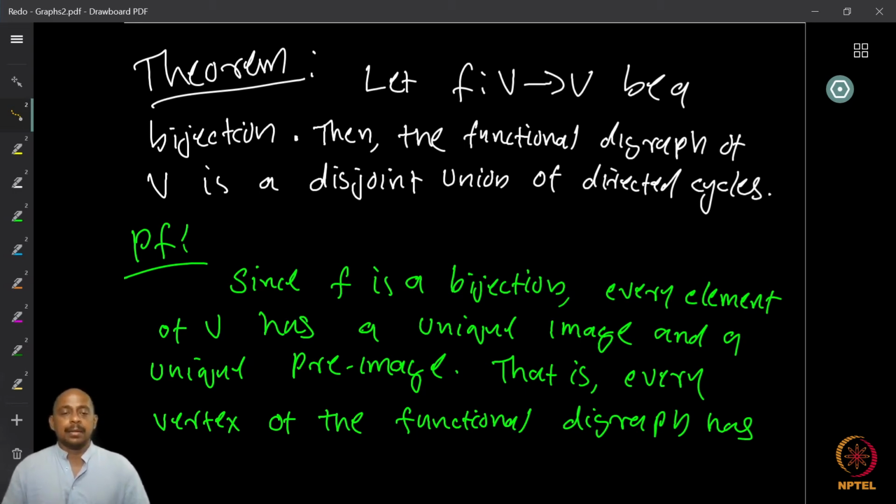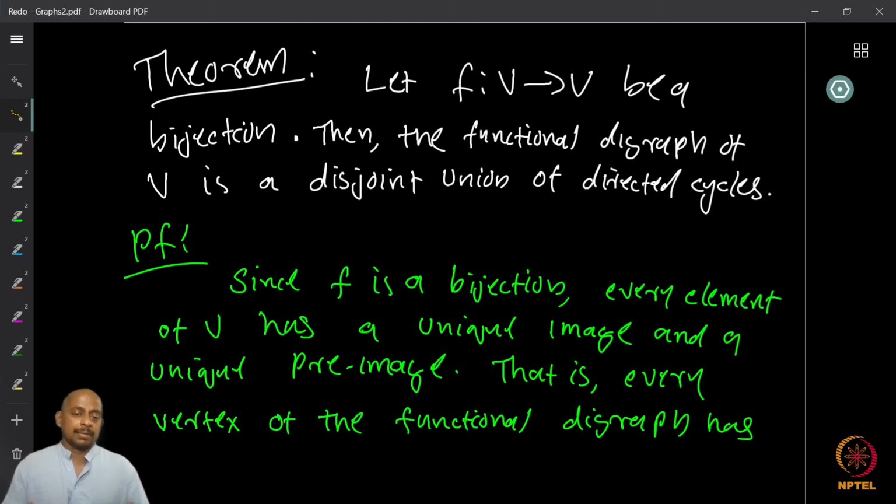Which means that if you look at the underlying graph, without the directions, then what is it? Every vertex has degree exactly 2, because one is the outgoing arc, and one is the incoming arc, right? These two contribute degree 2. Therefore, we see that in the underlying graph every vertex has degree 2.